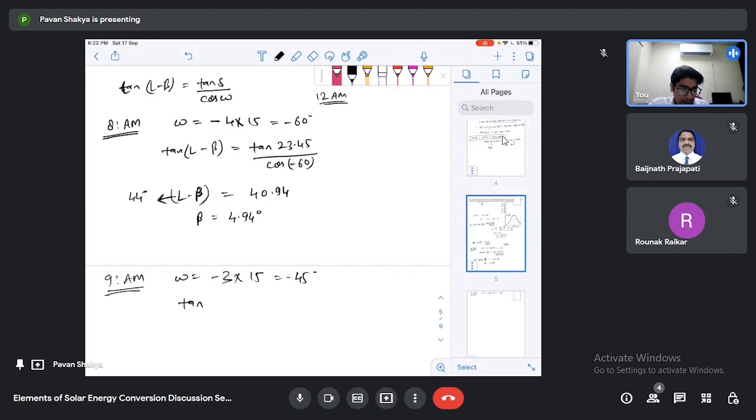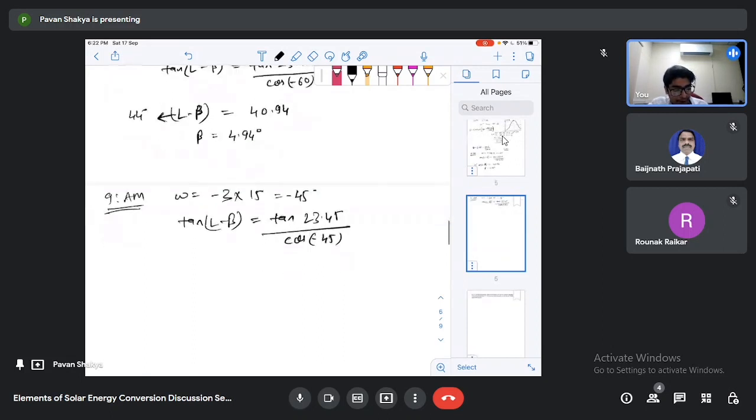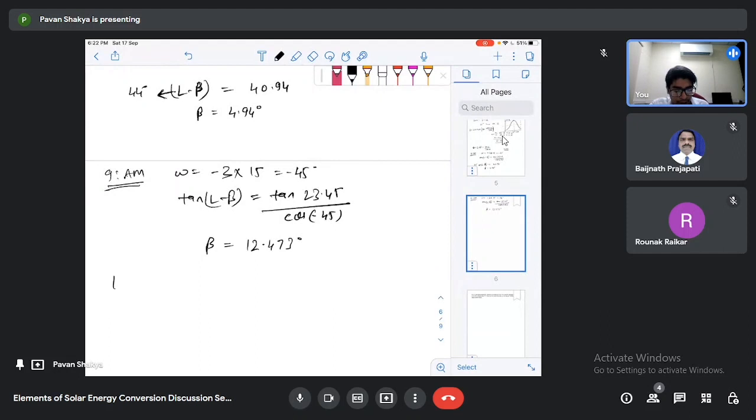Similarly you will put values as earlier, tan 23.45 divided by the cos of omega. Now omega value is minus 45, and when you solve this you will find that this beta value comes out to be 12.473.